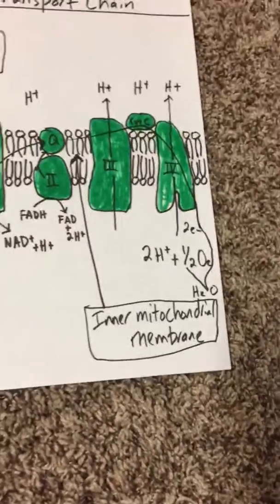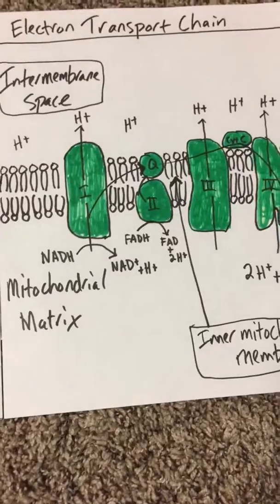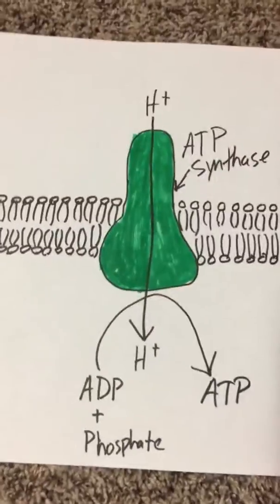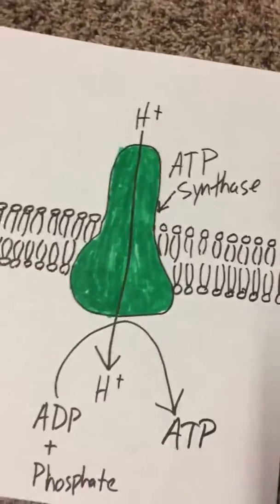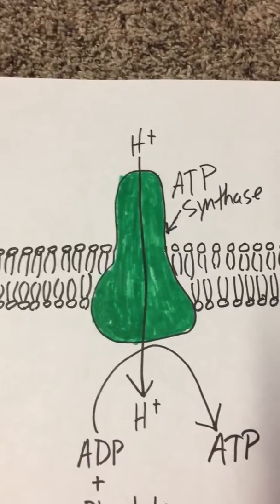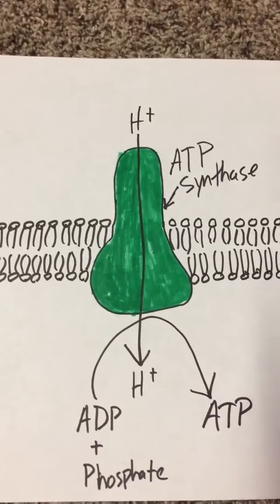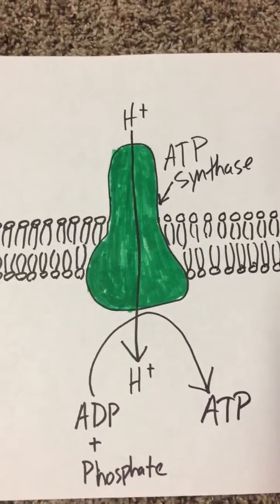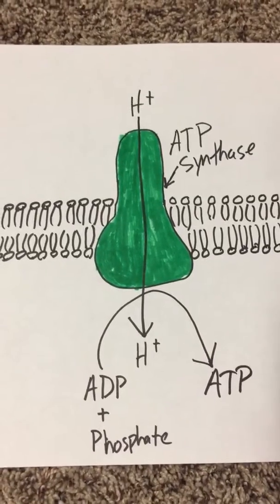As the H+ ions flow down their gradient and back into the matrix, they pass through an enzyme called ATP synthase, which is represented right here, this big guy right here. Now, this harnesses the flow of protons to synthesize ATP.